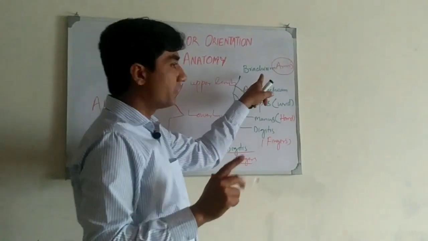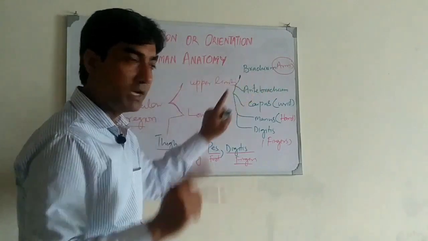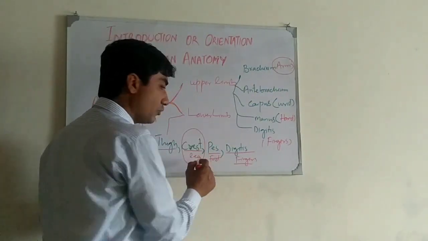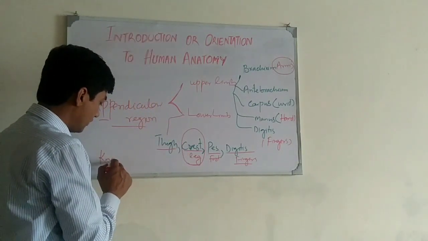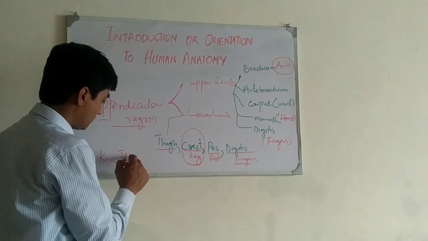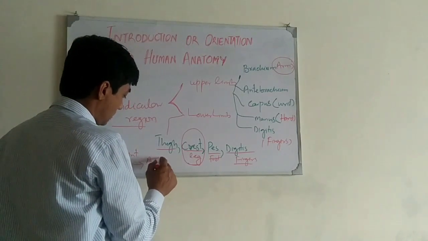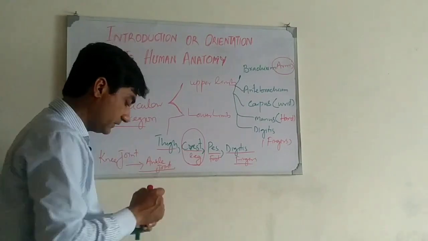From the shoulder joint to the elbow joint. But when we are talking about the proper leg, the leg is that portion from the knee joint to the ankle joint. So this is the difference.